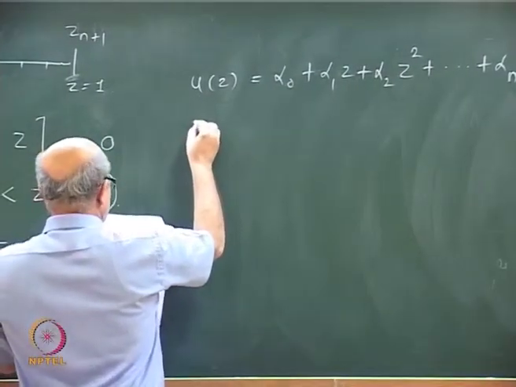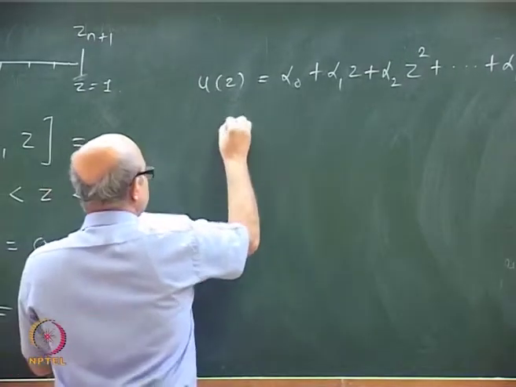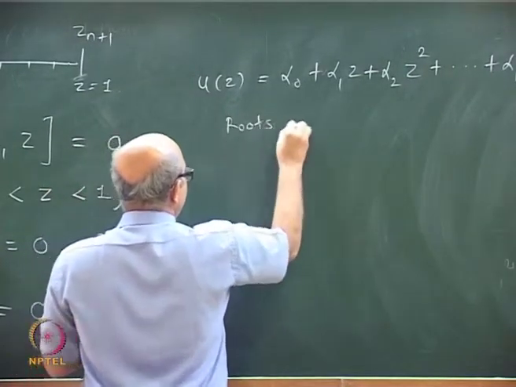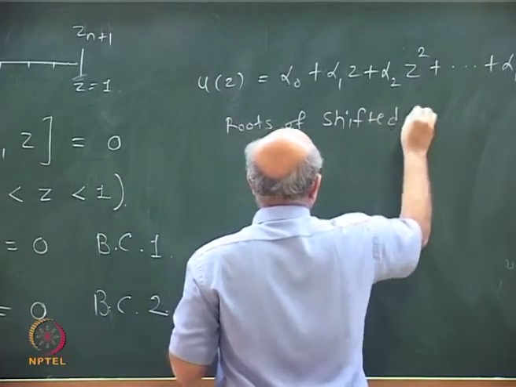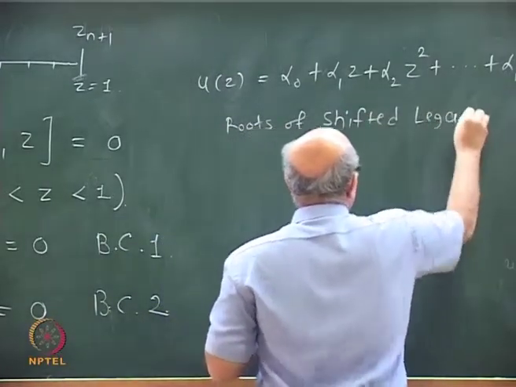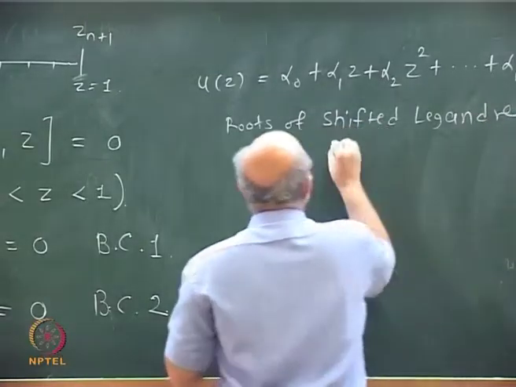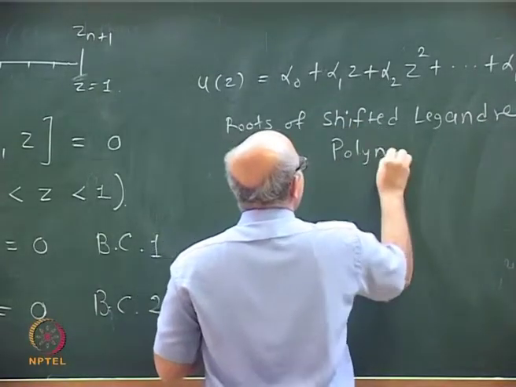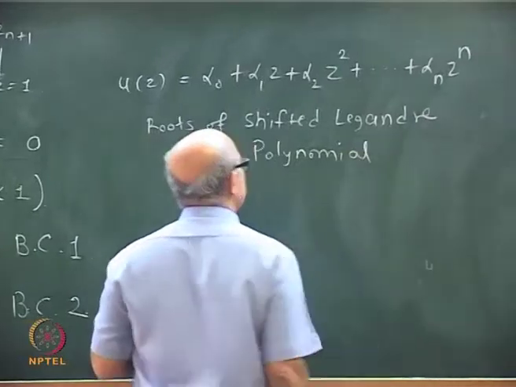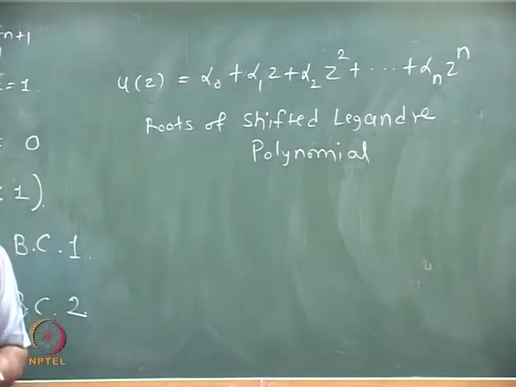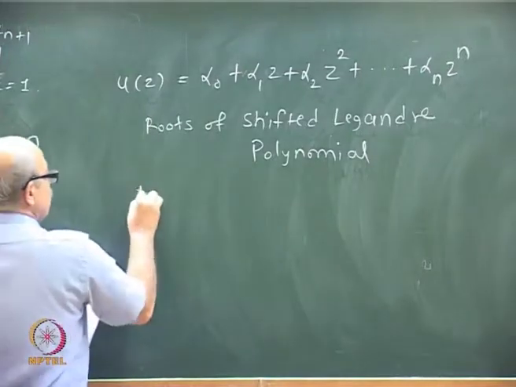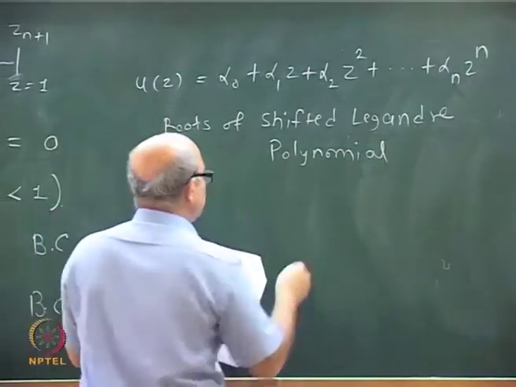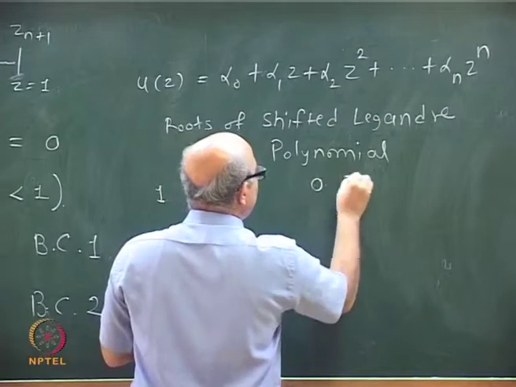For example, if I take the first order polynomial, then the root is at 0.5.